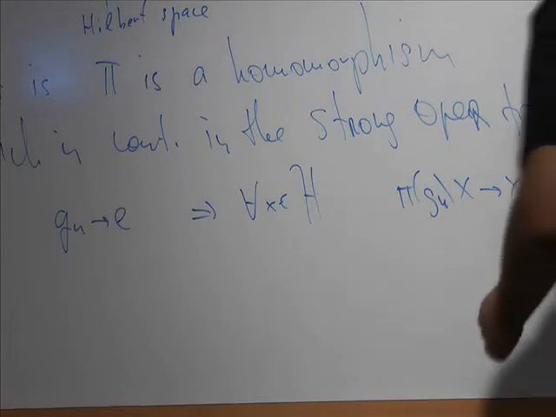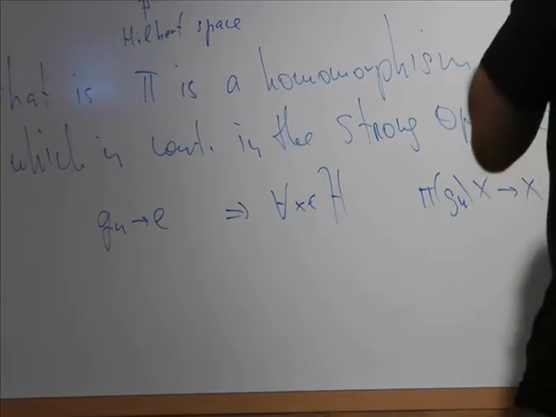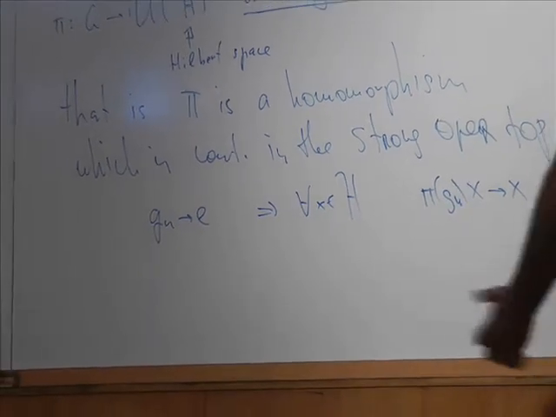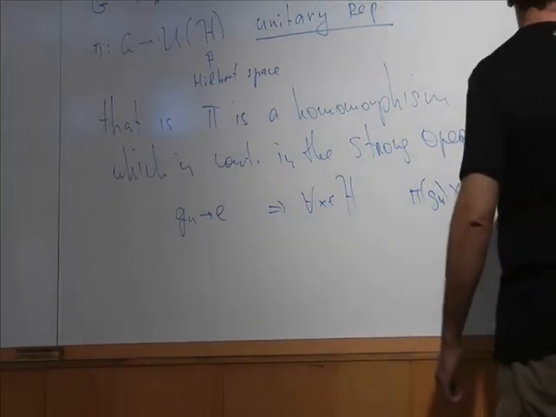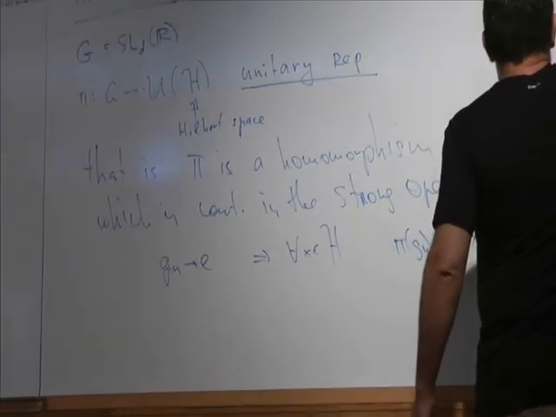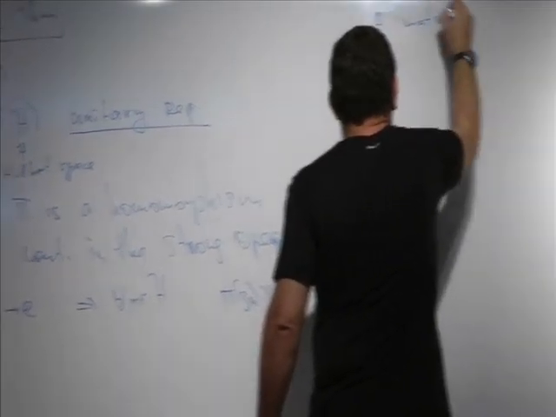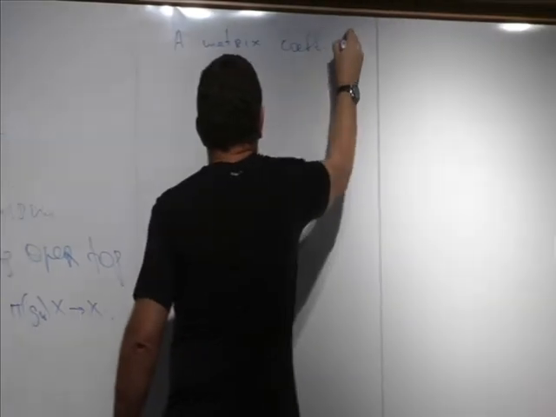Now, once we have such a thing, people look at what's called matrix coefficients. The matrix coefficient of phi is what?